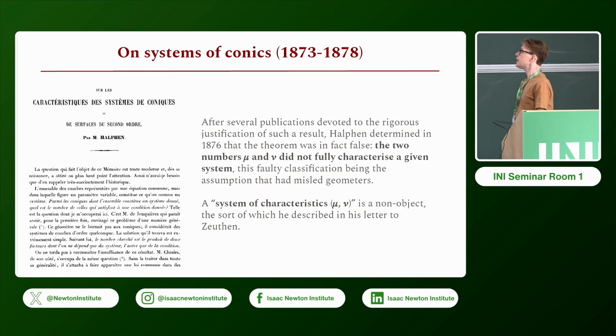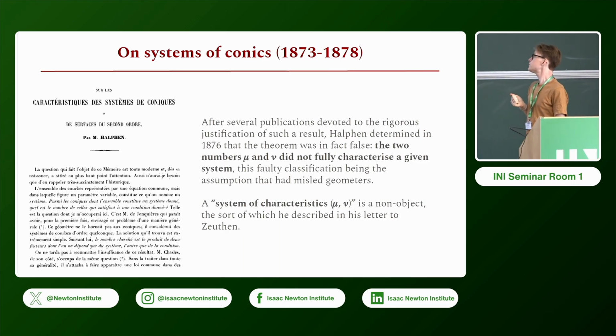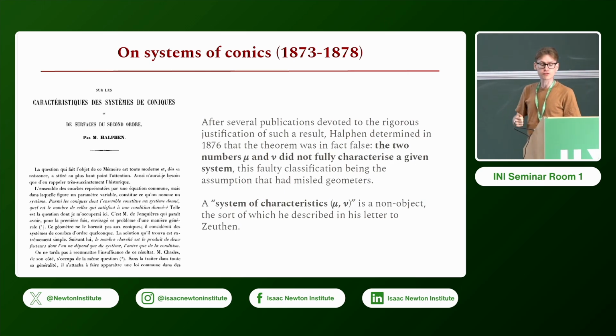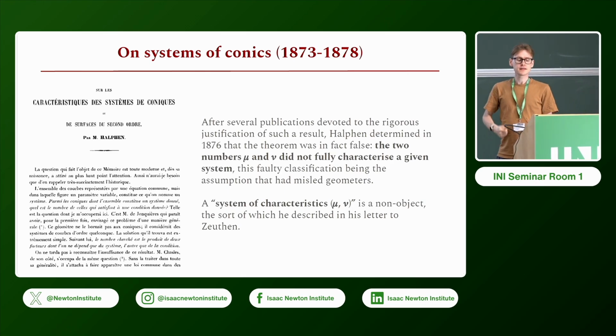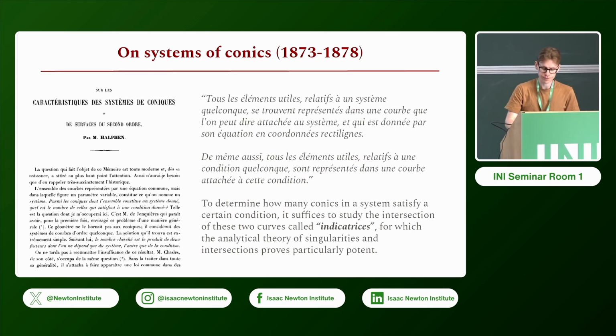And Halphen's main contribution in this series of papers was to prove that, in fact, those two numbers do not fully characterize a given system. This is a faulty classification: the system of characteristic mu is a non-object, something that simply cannot be made into a solid conceptual basis for the study of systems of curves.